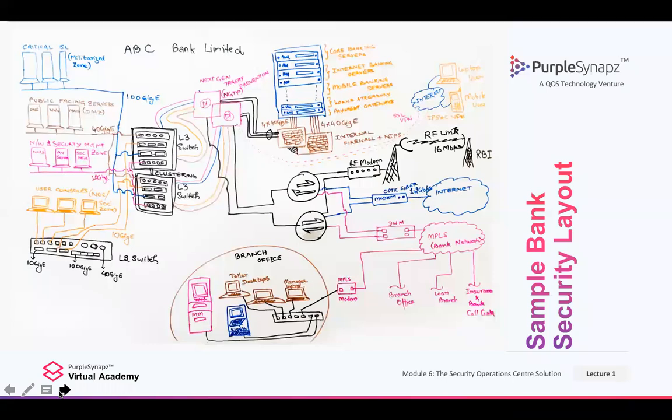However, on the left side, you are seeing those servers which are required to run the bank's own infrastructure, while in the middle on the top, we have shown the racks of servers that are basically delivering the services to the customers of the bank.